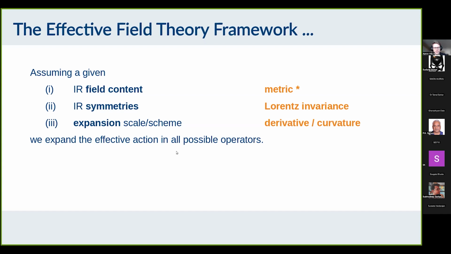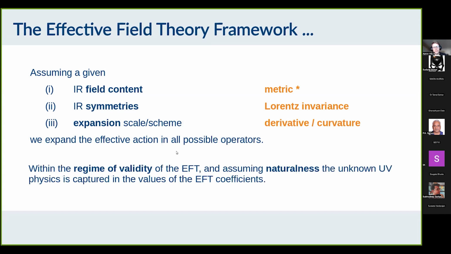And the nice thing about it is that within the regime of validity, so if you check that you're in a regime where the next operators are always small and you assume at least some apparent convergence of this series of perturbations in the action, then there are very good arguments and in fact lots of examples that any unknown UV physics can then be captured in the coefficients of this effective field theory.